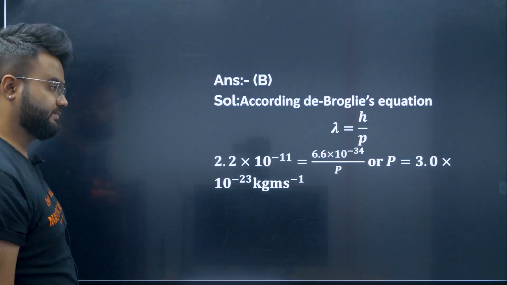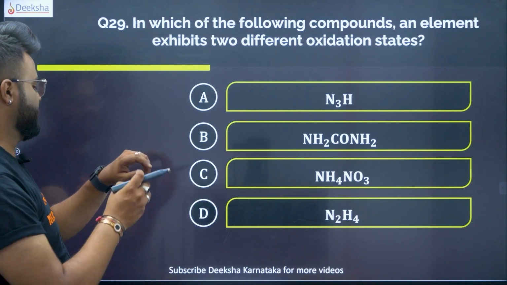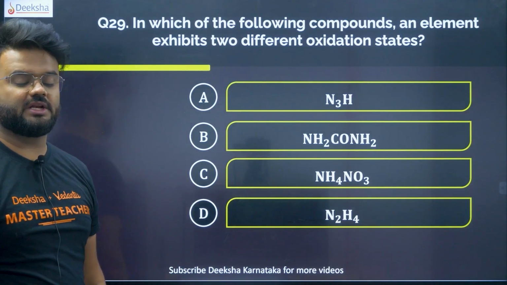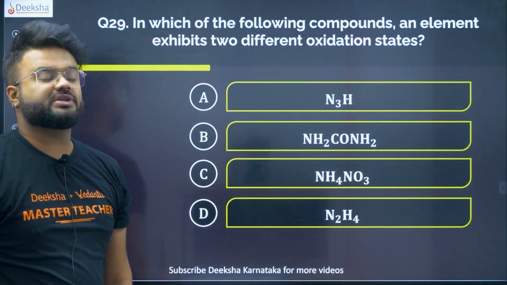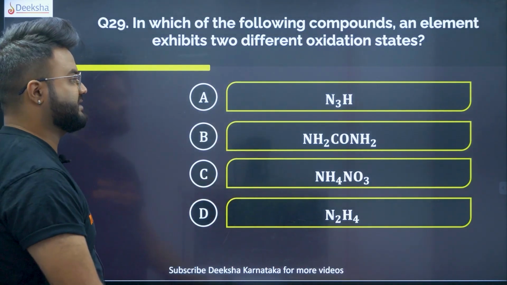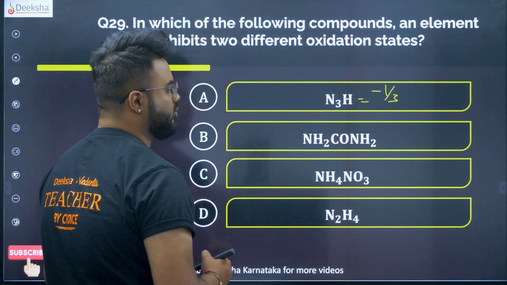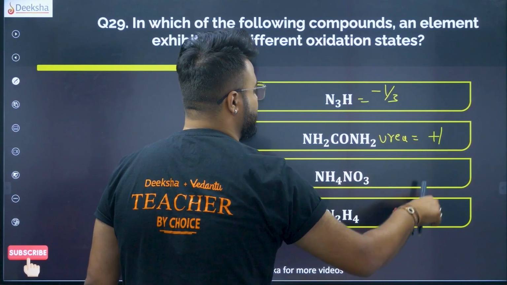Check with this. Next, in which of the following compounds does an element exhibit two different oxidation states? So among these, which element exhibits two different oxidation states? HN3 is hydrazoic acid, the oxidation state will be -1/3. Now coming back to urea, the oxidation state will be +1.